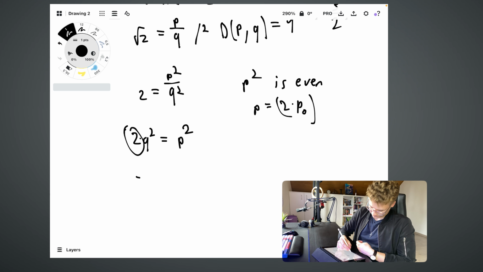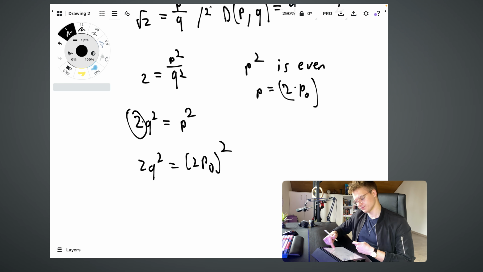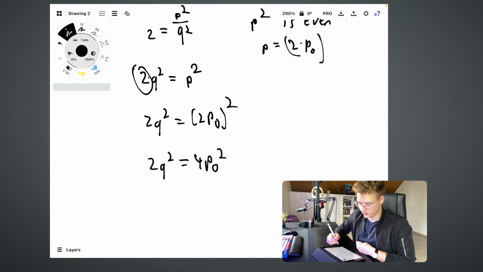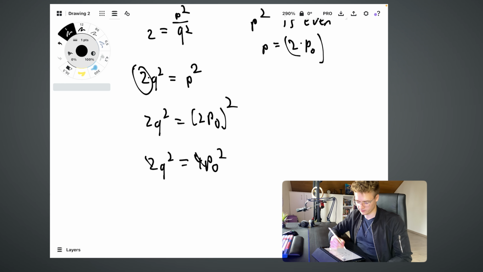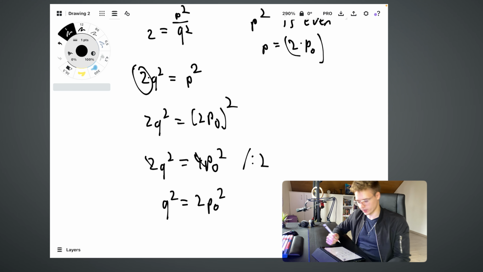So we write 2 times q squared equals, instead of p, we write 2 times p0, okay? And this leads us to have 2 times q squared is equal to 4 times p0 squared. And then we can divide by 2. And we get that q squared is equal to 2 times p0 squared.